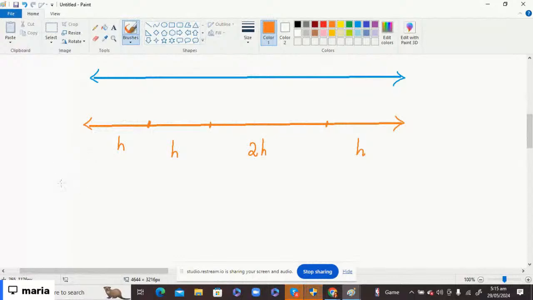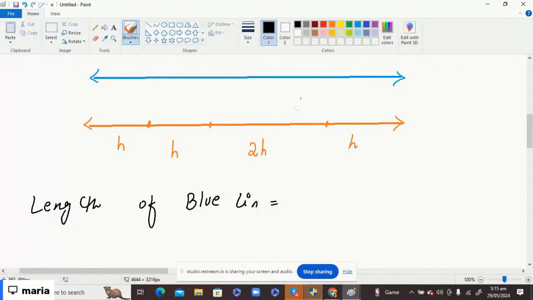So first we are going to write length of blue line, so now same thing, length of blue line, that is equal, because both are same, length of orange line.